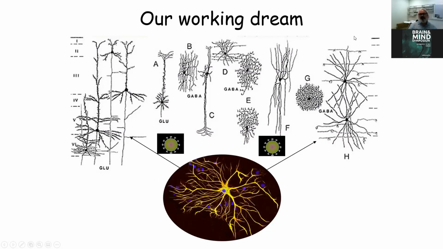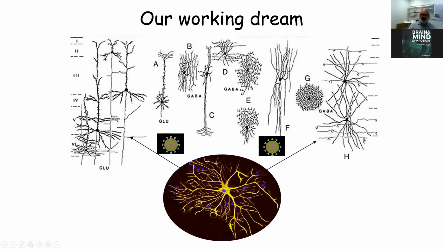And this slide just depicts the daunting task if you think that you would really want to remodel or regenerate circuits, which are of course composed of a plethora of different types of neurons.